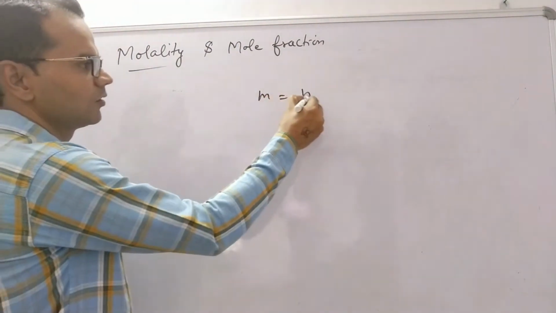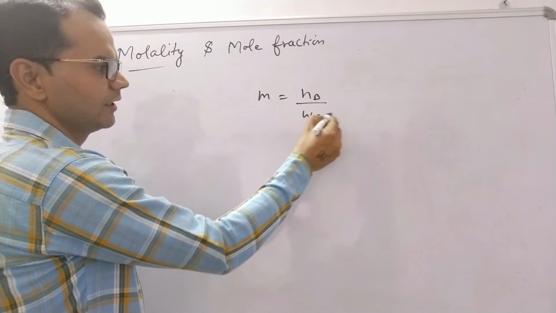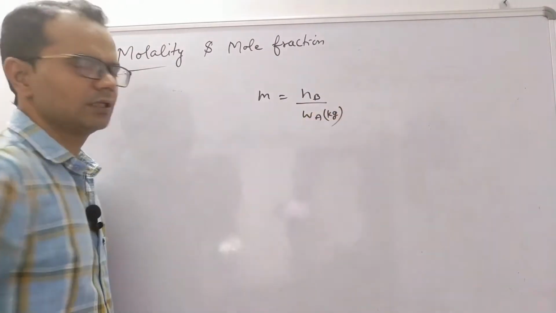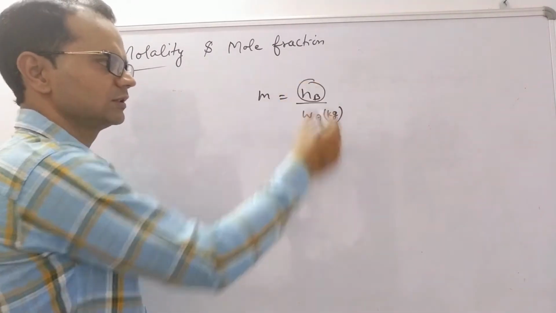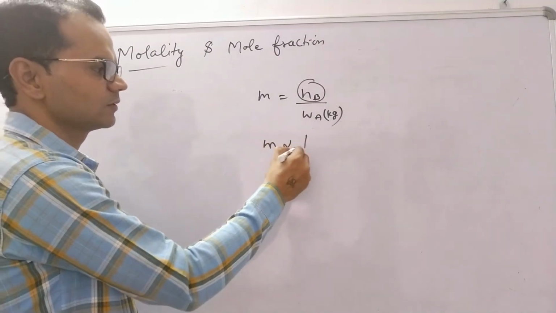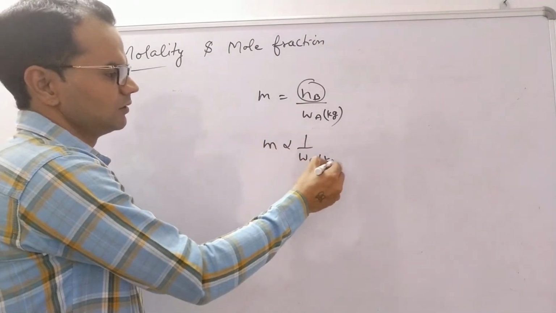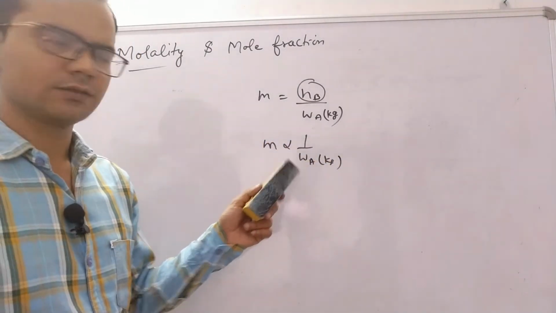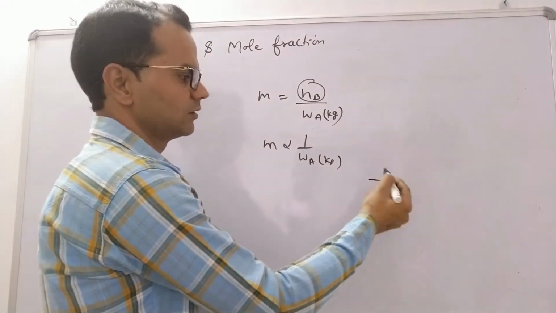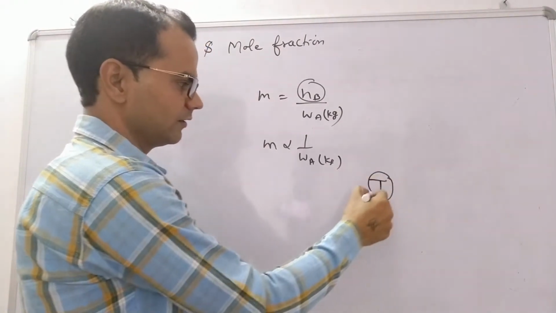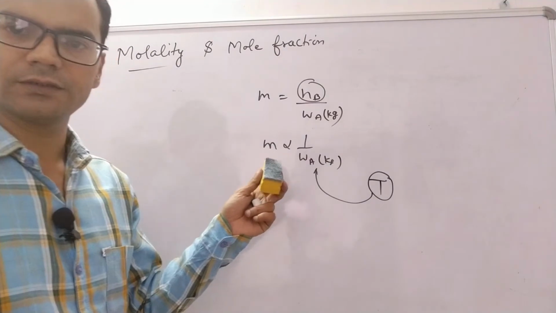Molality is number of moles by weight of solvent in kg. Number of moles is constant, so molality is inversely proportional to weight of solvent. As we know, temperature will not affect the weight of solvent.